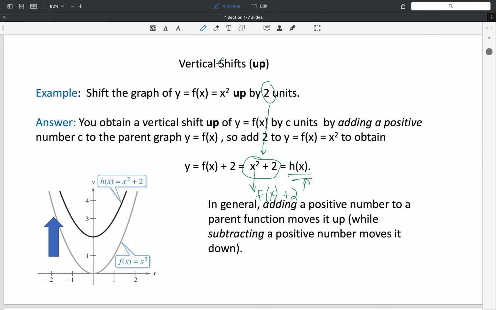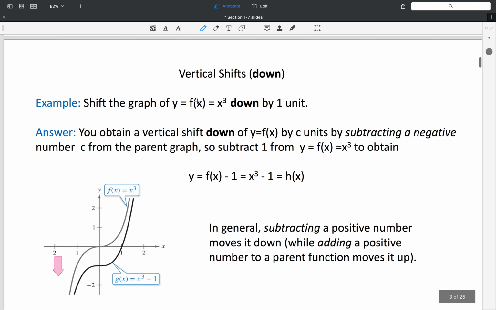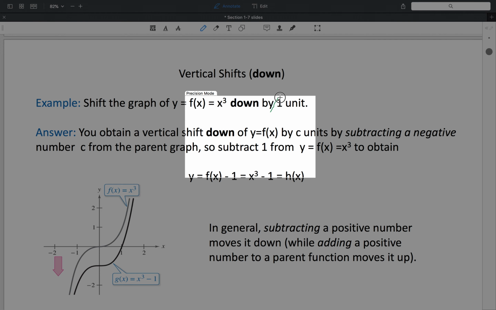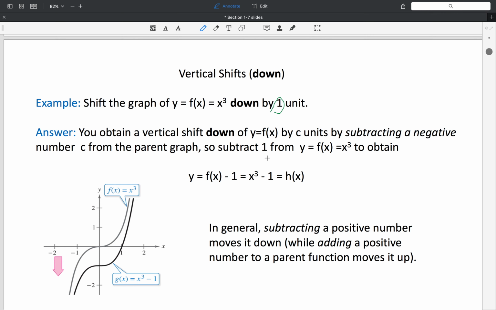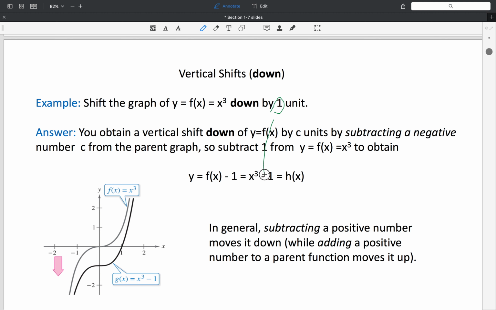Now the next thing is a vertical shift down. If you want to move it down by 1 unit, you're going to subtract 1. That's going to bring all the y coordinates down.